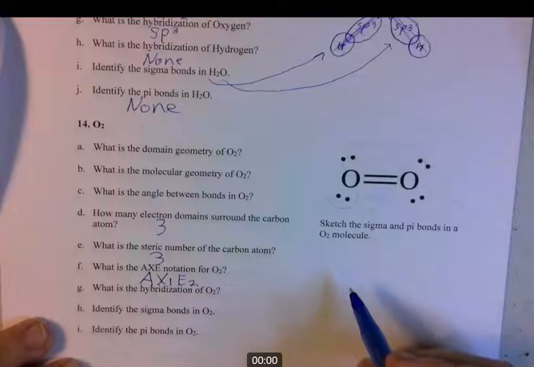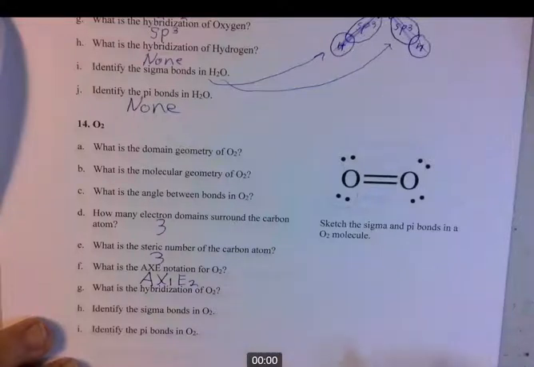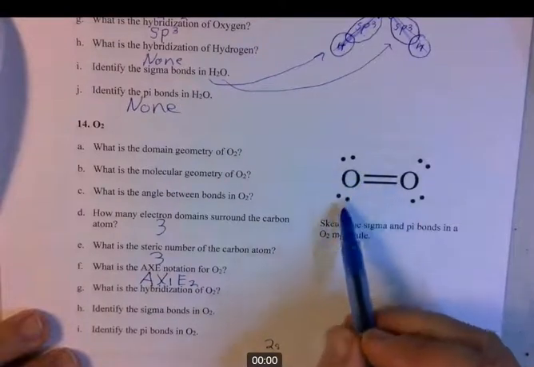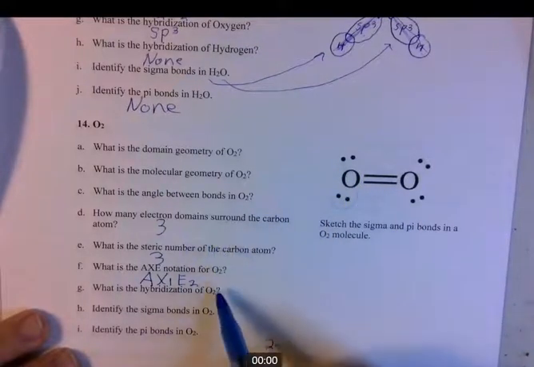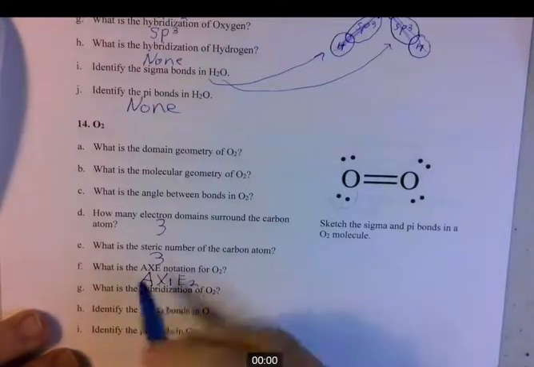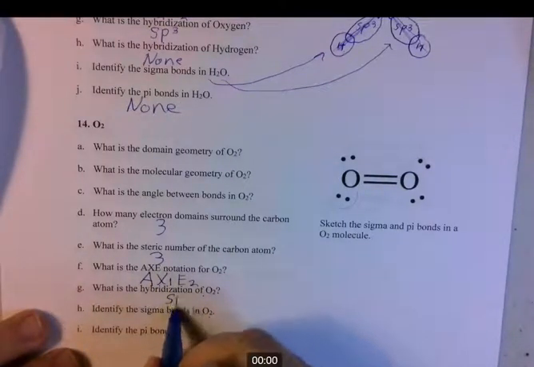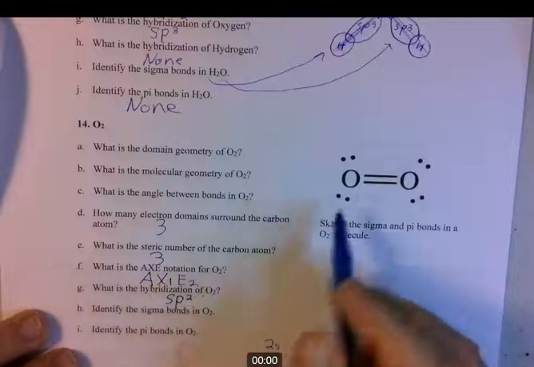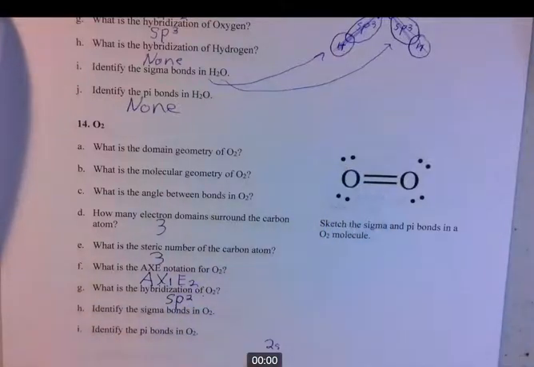And what I actually want to do for this one is draw the energy level diagram. So what you have is 2s, and then you are going to hybridize. I'm actually going to skip down to the hybridization of oxygen. You need an sp2. Why? Because you have 3 bonding domains.